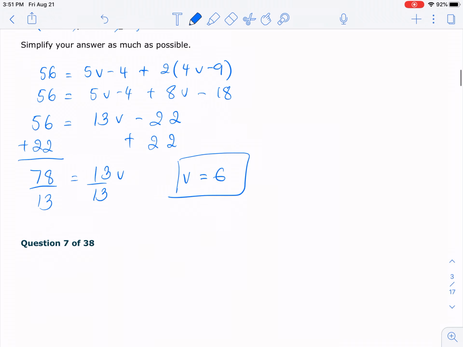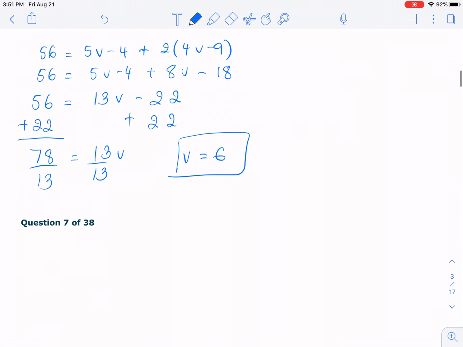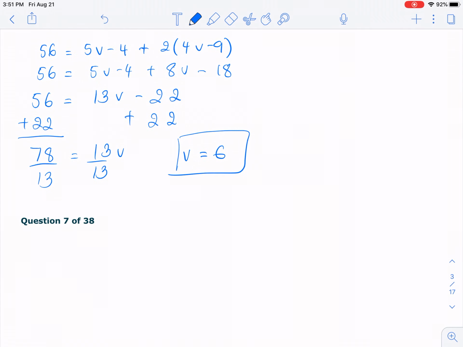Okay. All right. So for number 7, I'm going to write down the problem for you. This problem really is straightforward. So 3 times v plus 1 in parentheses plus 2v equals 5 times v minus 1 plus 5.